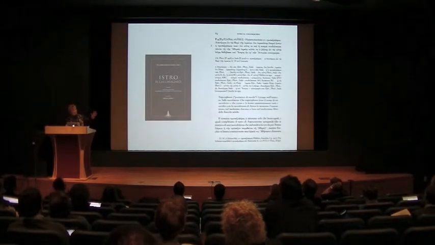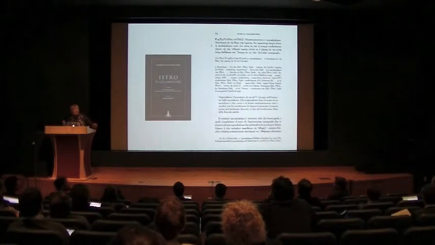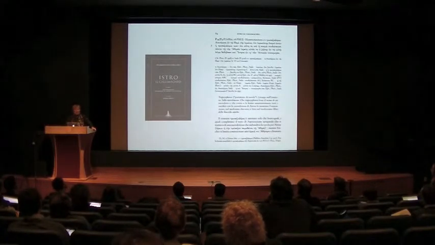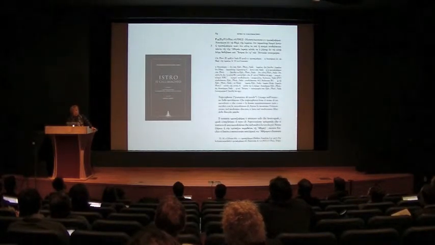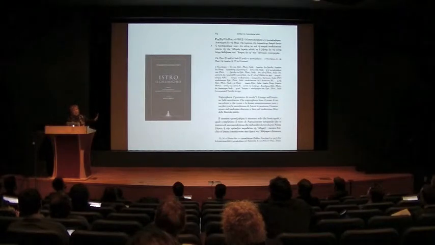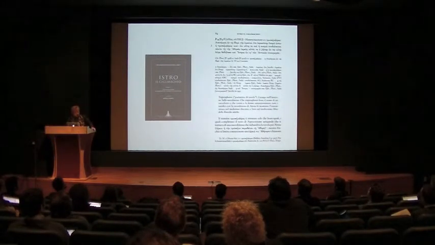So we have the print edition. This is a collection of the fragments, this is the term for a print edition, the fragments of Istros, the Kallimachian, that I have published in 2009. So we have the traditional book, and then we will see the digital collection of the fragments.